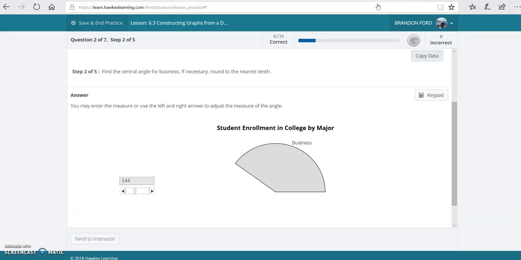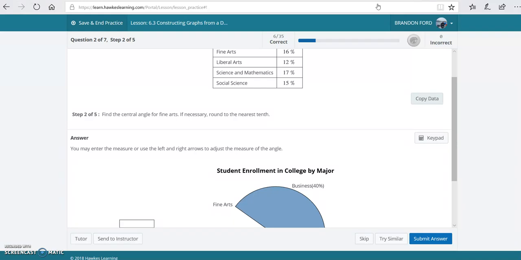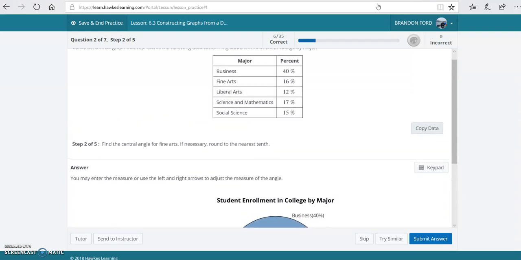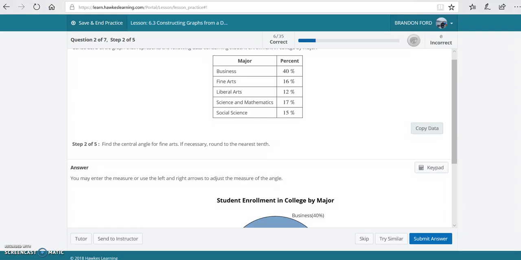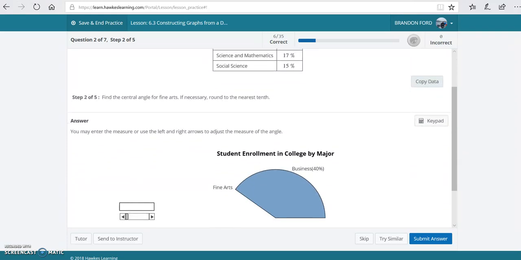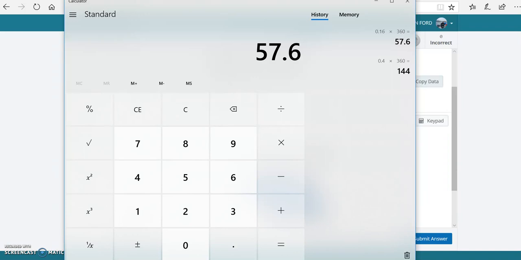Now we're going to find the central angle for all the rest of them. Central angle for art. Well, that's going to be 0.16 times 100% times 360. So 0.16 times 360 is going to give me 57.6. And we want it rounded to the nearest tenth, so that was 57.6.